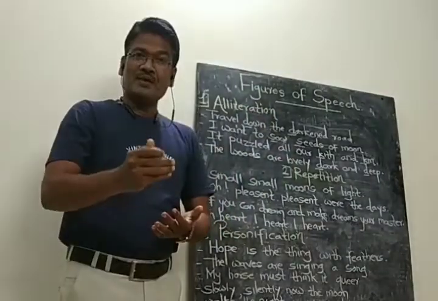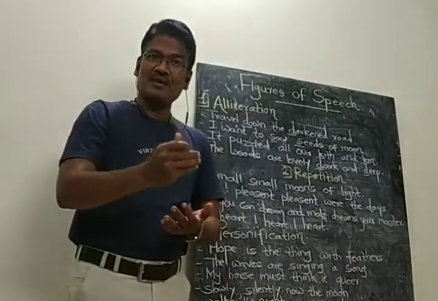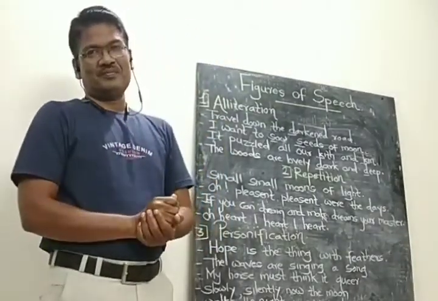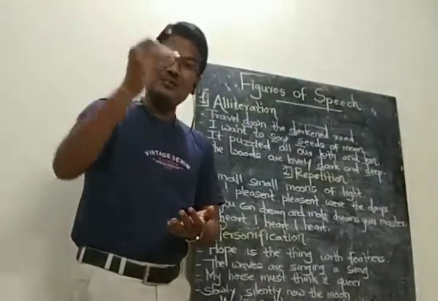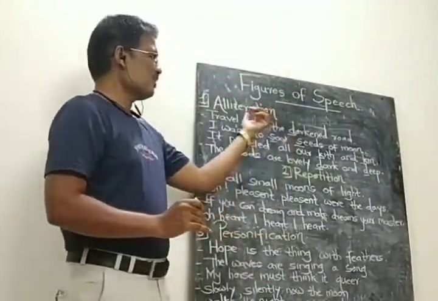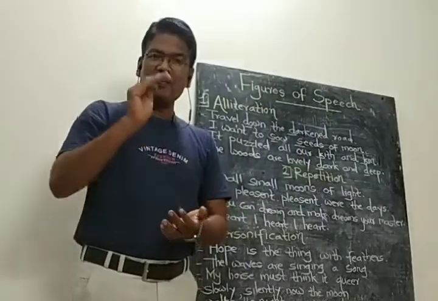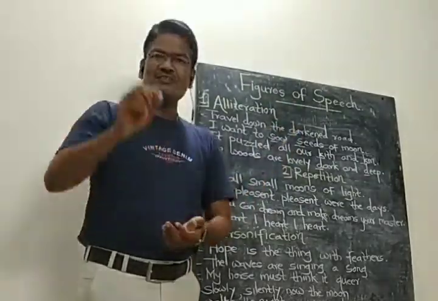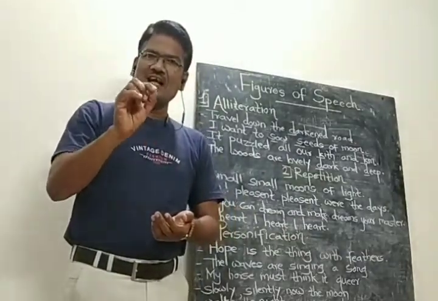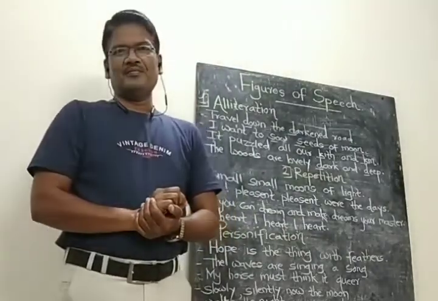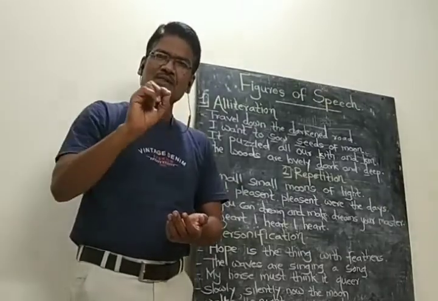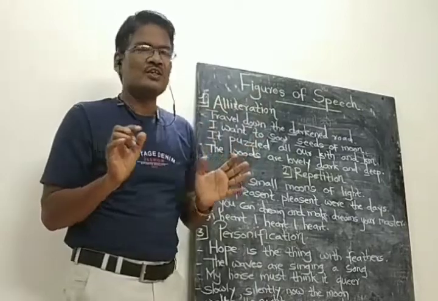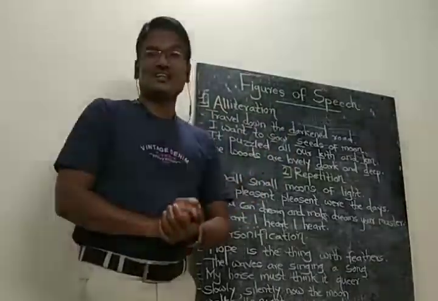In short, in a sentence, when a sound is repeated again and again, it is called alliteration. If you see the poems from our syllabus, from the first poem to the last poem, among 8 out of 8 poems, this figure of speech is there. Every poet has used this figure of speech. Hence, whenever there is a critical appreciation question, if you don't know which figure of speech is used, by closing both your eyes, you can write down alliteration.